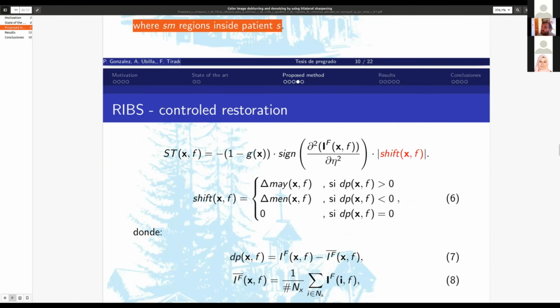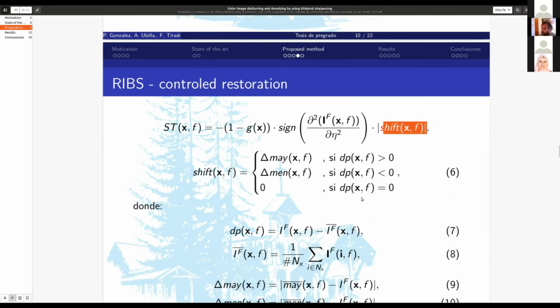Okay, for the control restoration, we use the shift. The shift is the contribution. We take only the difference between the values of the neighborhood, considering only the values bigger than the median of the neighbor.